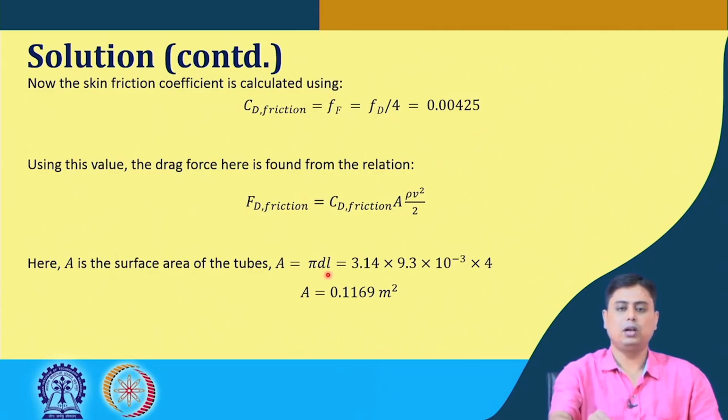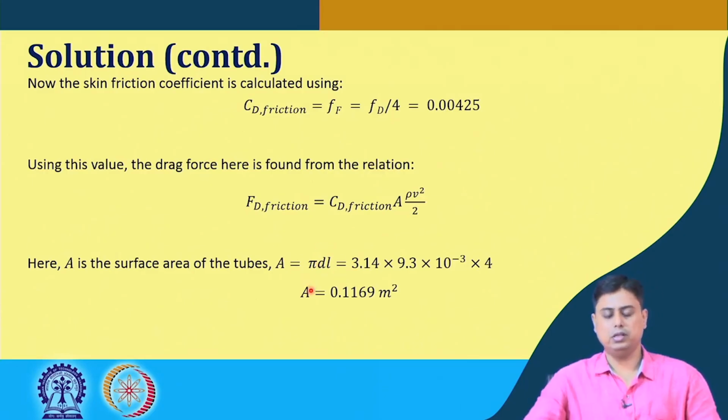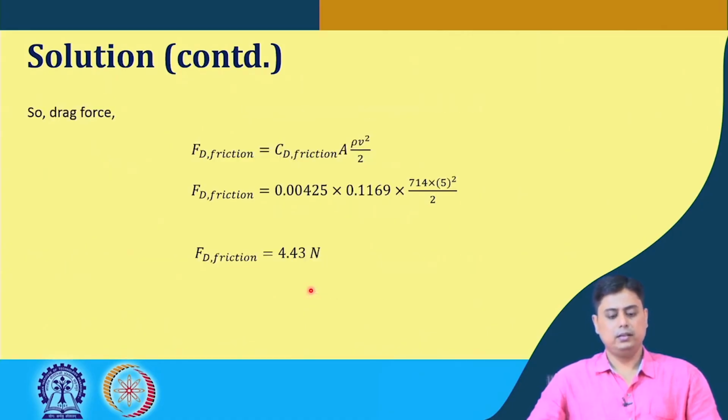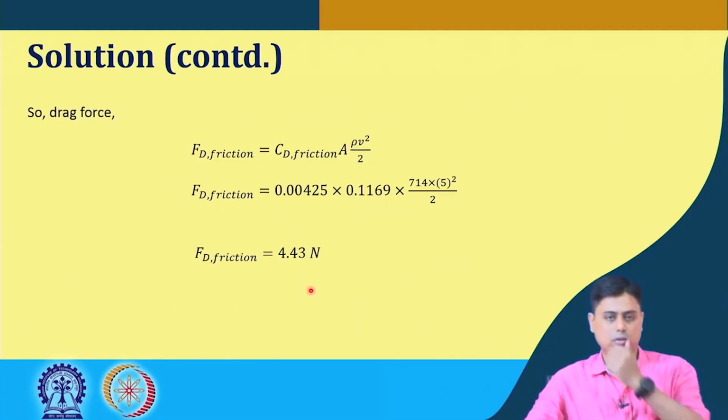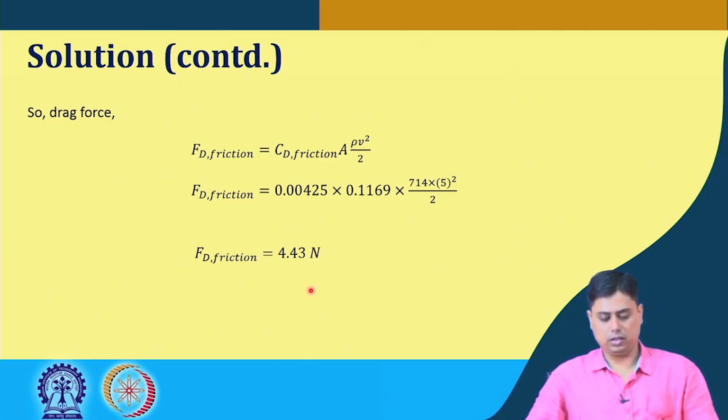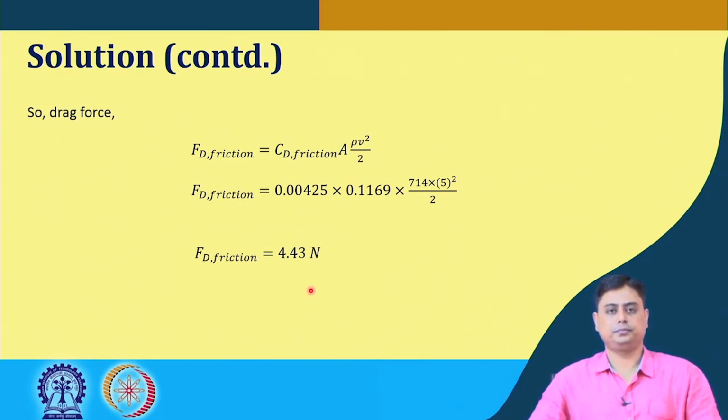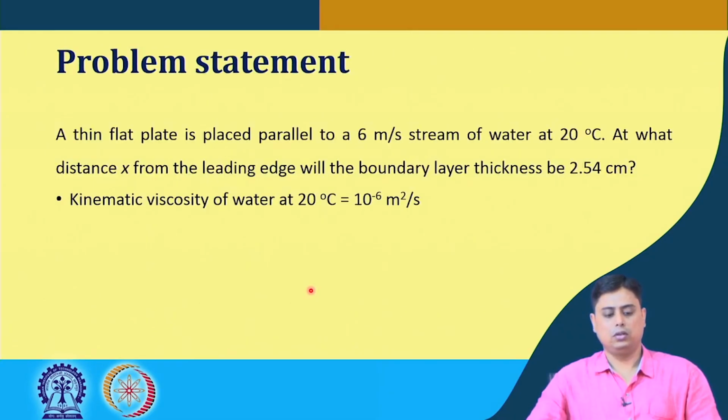For a single tube, like we did for the second problem, 2 pi R H is the available area on which the drag force is exerted, and we replace the numerical values to get the friction drag force over a single tube. So, this is how we calculate drag force and the drag coefficient, and solve related questions.